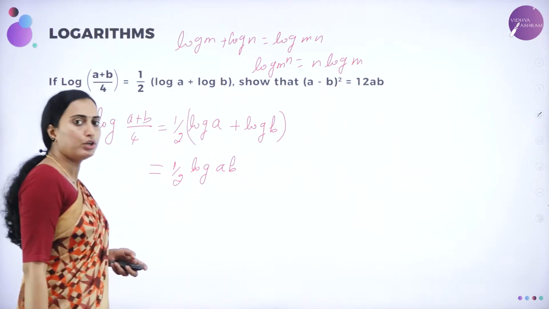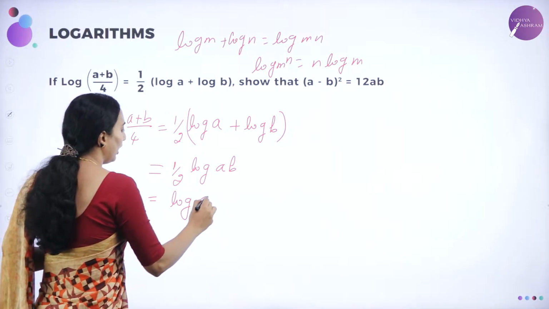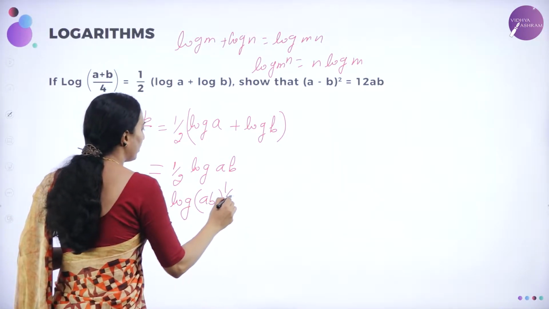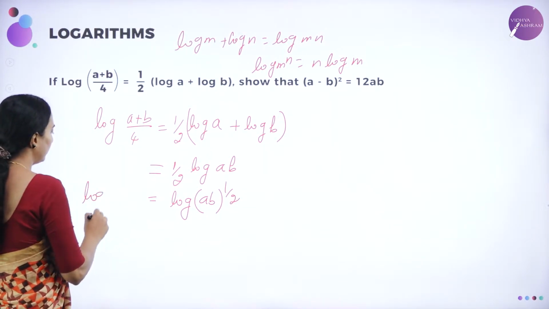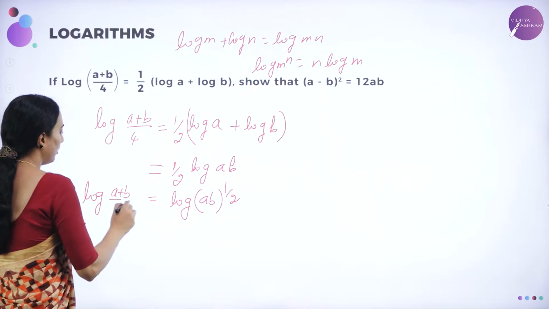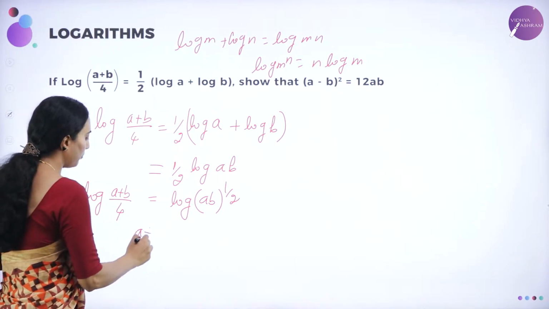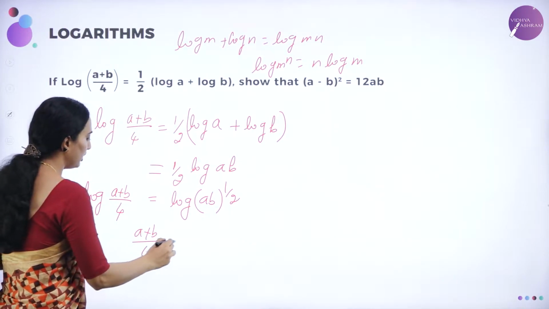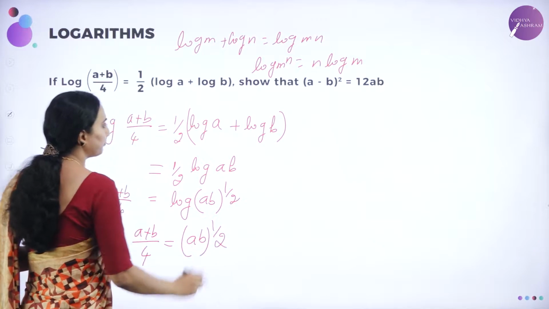So therefore, you can write this as log of ab whole to the power of 1 by 2. So here you are going to have log of (a plus b) by 4. You can cancel log and remaining with (a plus b) divided by 4 is equal to ab whole to the power of 1 by 2.